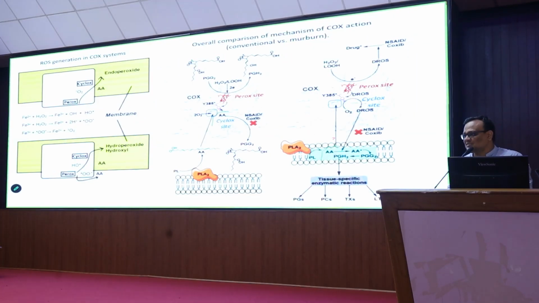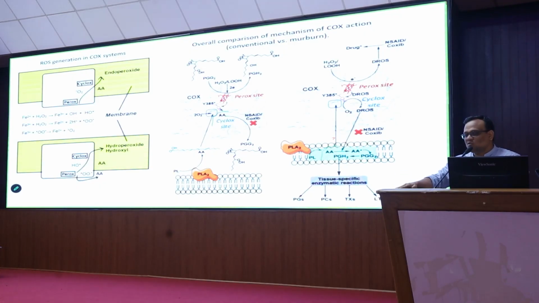Now coming to the last slide perhaps, I'll show you some mercy and leave you. So, in the Morburn view, ROS generation is always there in cyclooxygenase. You take any literature, you will see singlet oxygen, superoxide, hydroxyl radical.